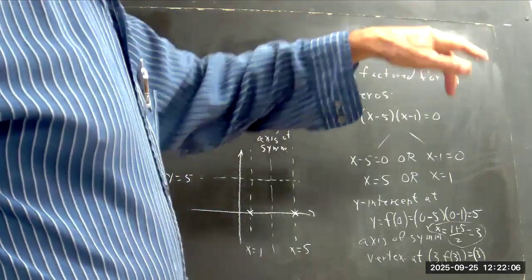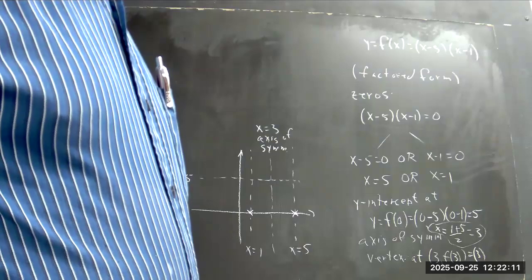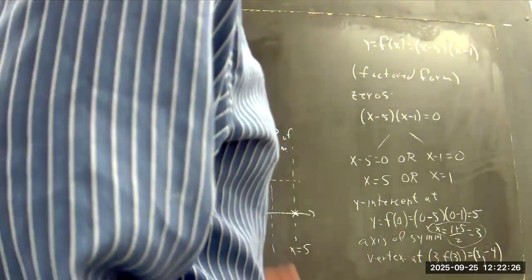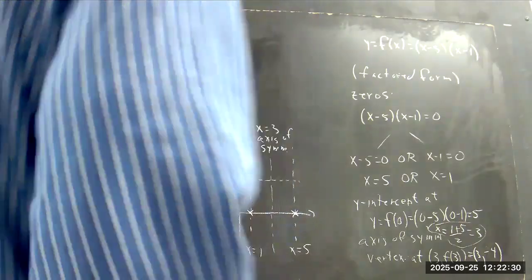And you get 3 minus 5 times 3 minus 1, which is negative 2 times 2, which is negative 4. I think, let's see, 3 minus 5 is negative 2. 3 minus 1 is 2, and that's negative 4. So I think that's right.